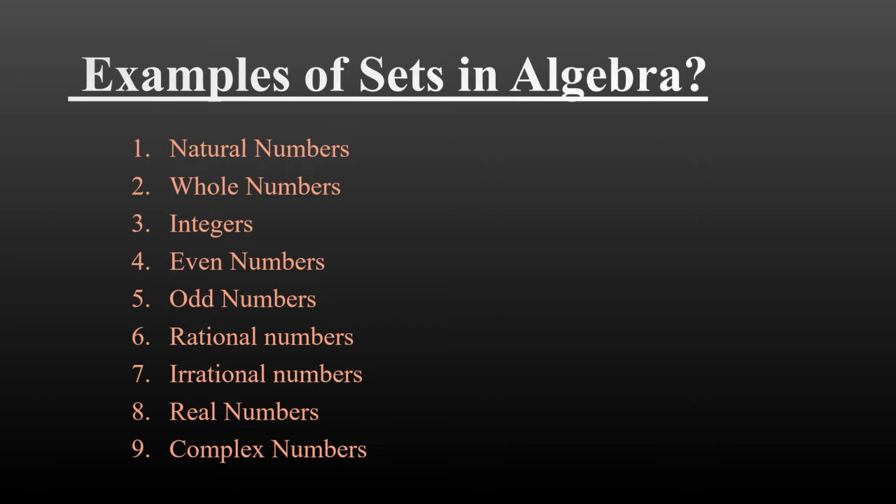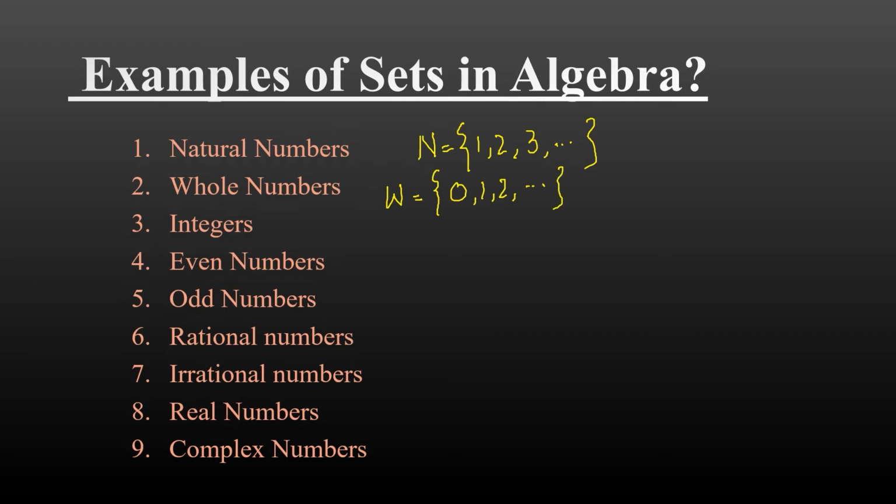Okay, we all know all these types of numbers. Natural numbers are denoted by N and written as 1, 2, 3 and so on. Whole numbers are represented by W and are 0, 1, 2 and so on. If we put 0 in the natural numbers, it becomes whole numbers.